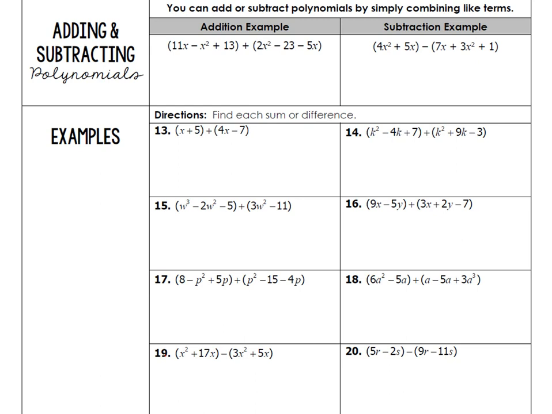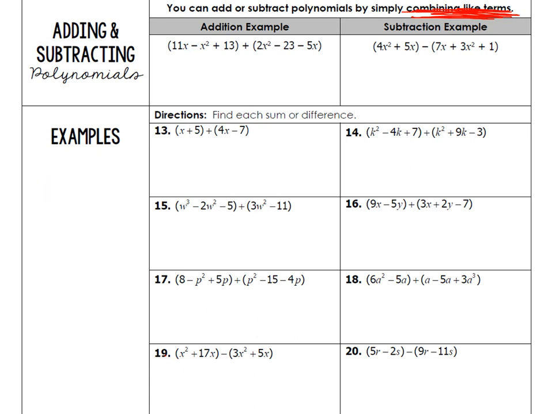Classifying and putting things in standard form is just leading us up to this idea of adding and subtracting. This is something that we have done before, even if they didn't look this ugly. Adding and subtracting is simply combining like terms. And this is where I love my highlighter.